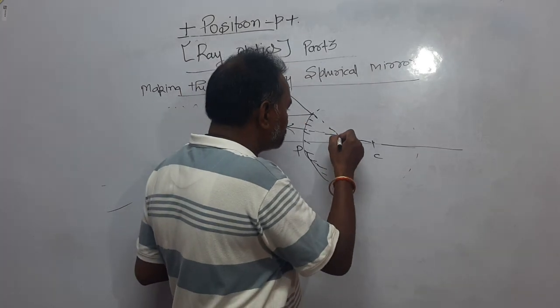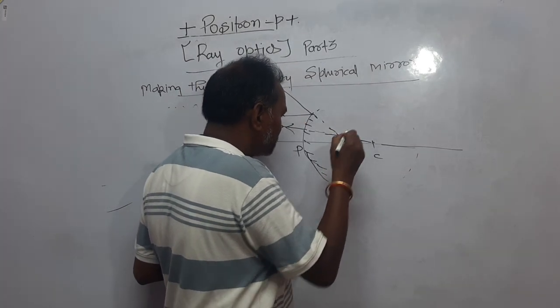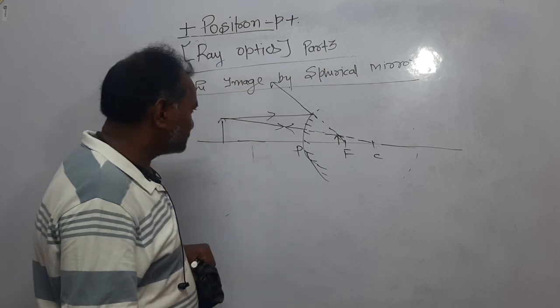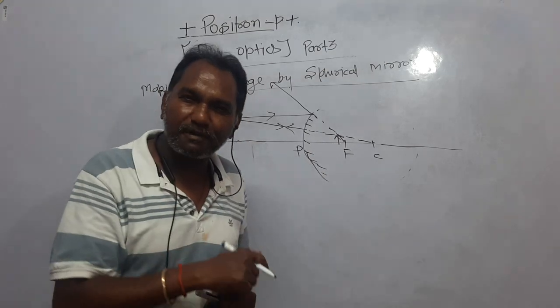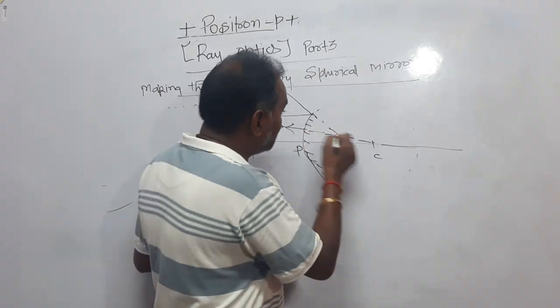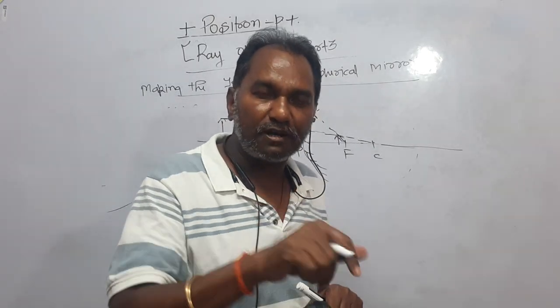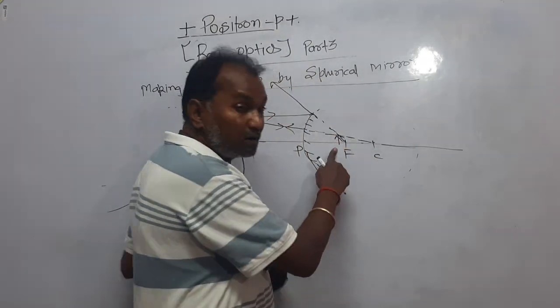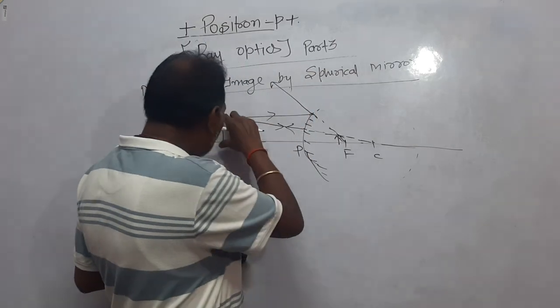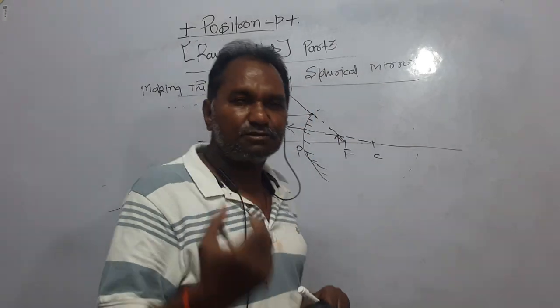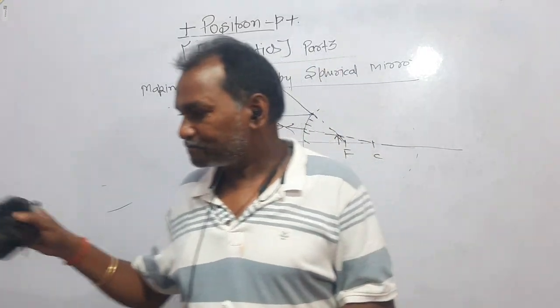These two rays are virtually meeting here, right? Now, dear students, the image is upright, and these two rays intersect each other virtually. So, image is virtual, upright, and it is diminished, smaller in size than the object.